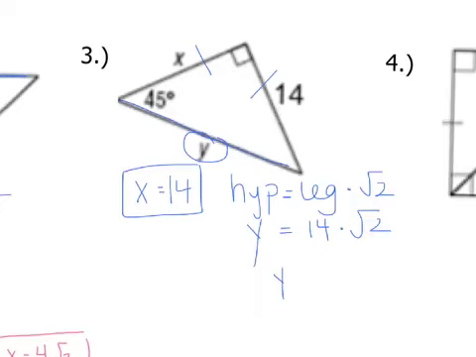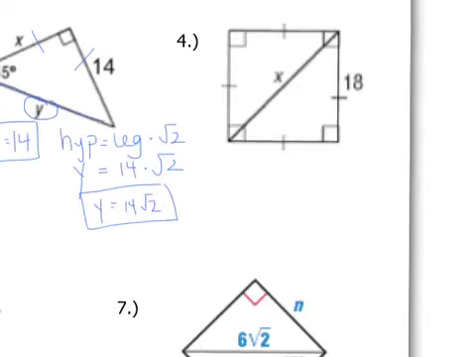And so the length of the hypotenuse is just 14 radical 2. Questions, comments? Okay. All right. Number 4, let's start in the back.